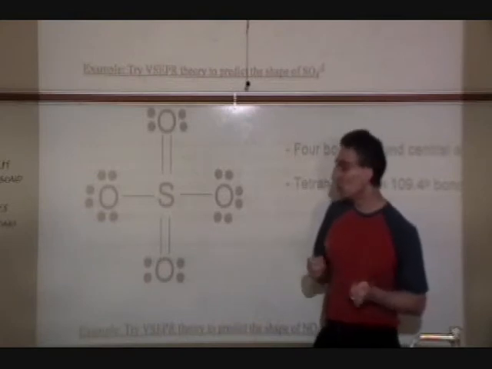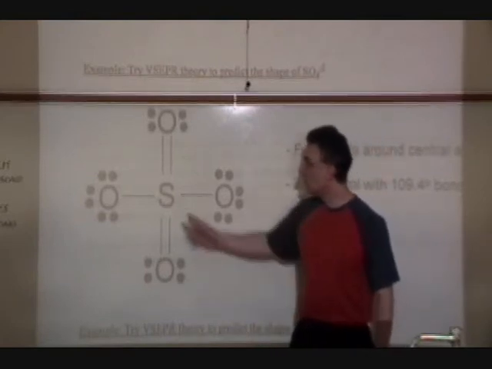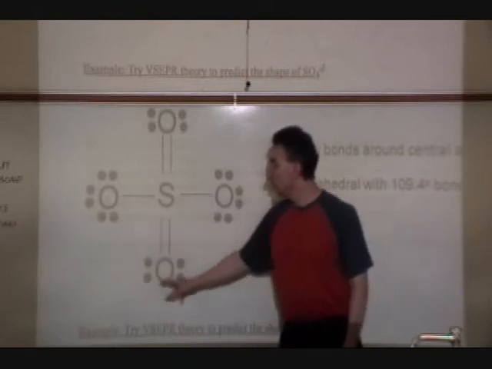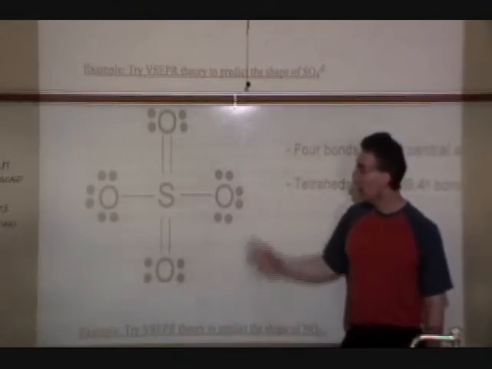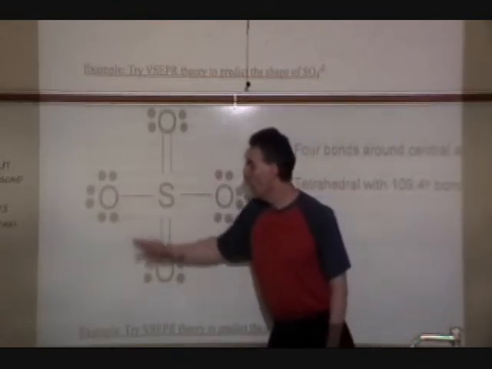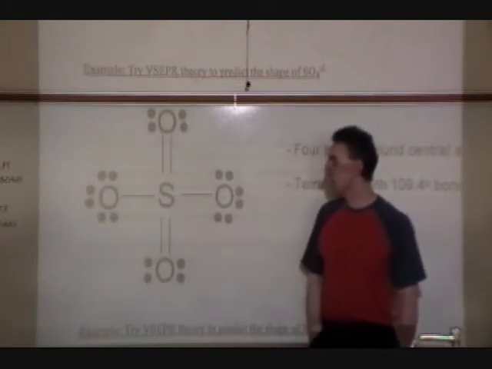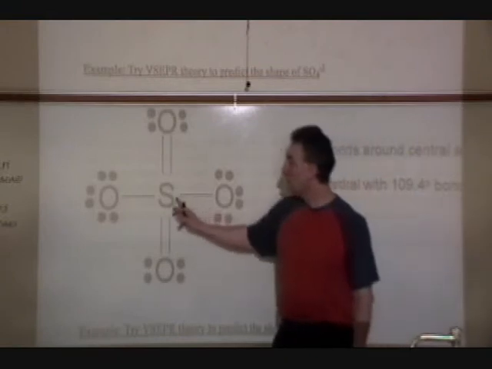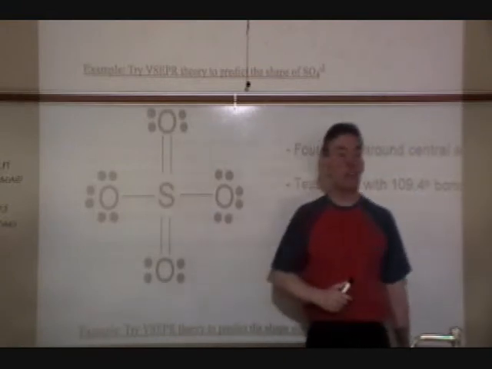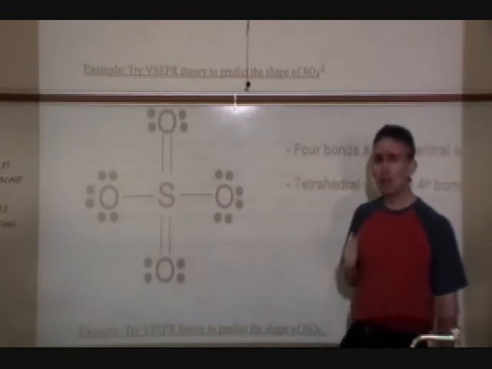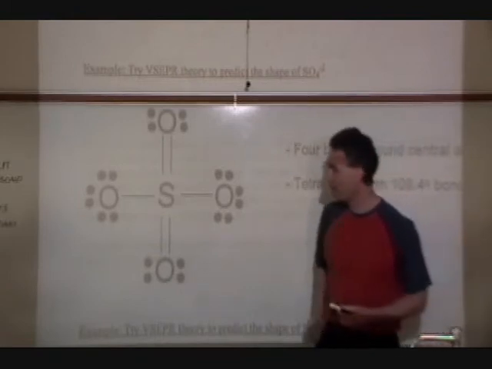So sulfur goes at the center, you connect the oxygens around it, you fill the octets of the oxygen atoms, and it leaves us with a picture with the sulfur having an octet of 8. So it looks like we might be okay at this point.